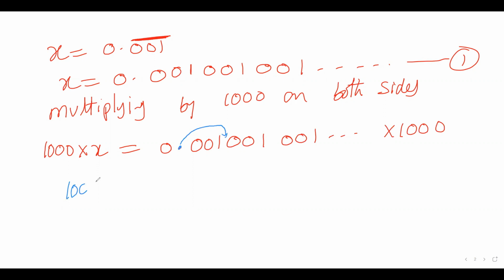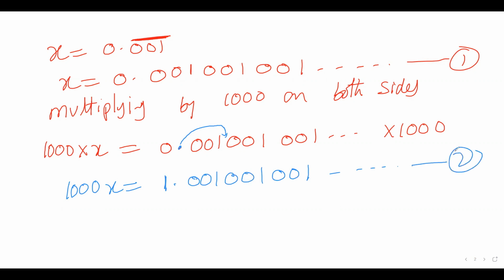So 1000x is equal to 1.001, 001, 001, so on. This is our equation 2. As we are having 3 zeros, it will shift 3 numbers ahead and the point will settle here. That's why 1.001, 001, 001 will come.